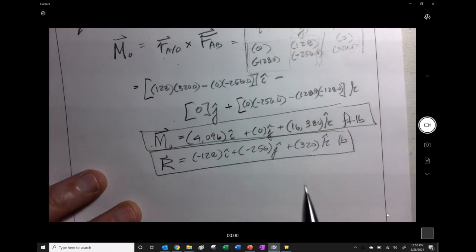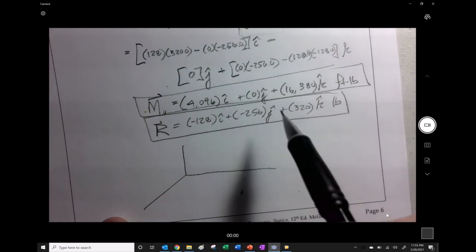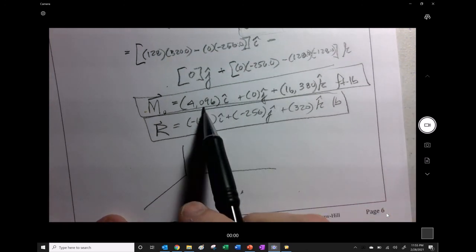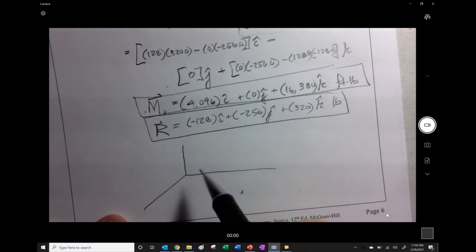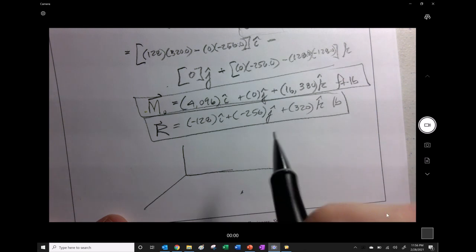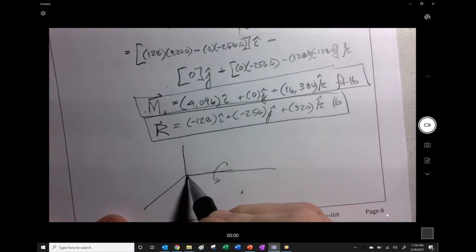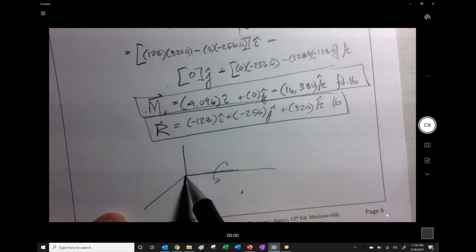And so basically when we're looking at this, what that cable's doing to the thing is making it positive about the I and about the K. So it's trying to make this way right here, about this amount, and it's much more about the K than it is right here.